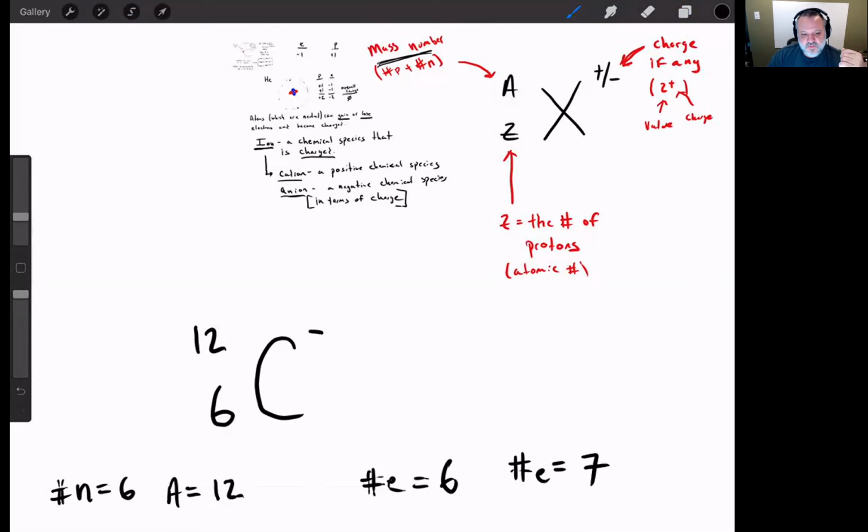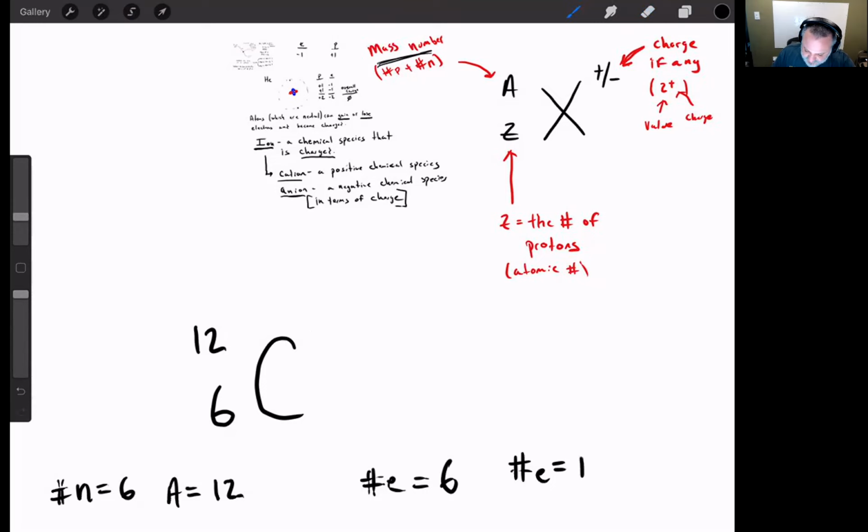Okay, let's keep going with this. What if it actually had gained 4 electrons? If it gained 4 electrons, how many electrons would it have? Let's think about that for a second.